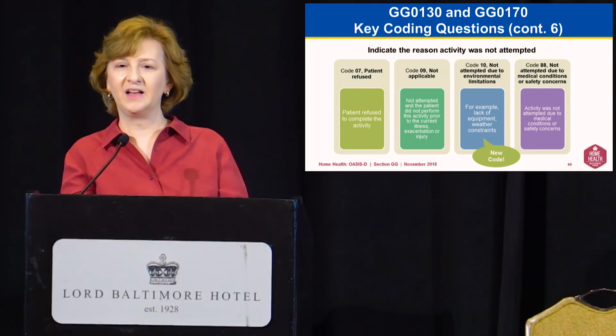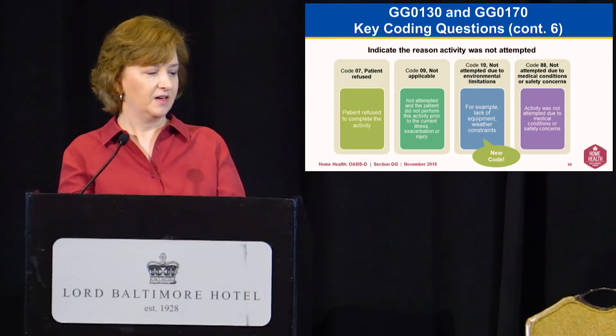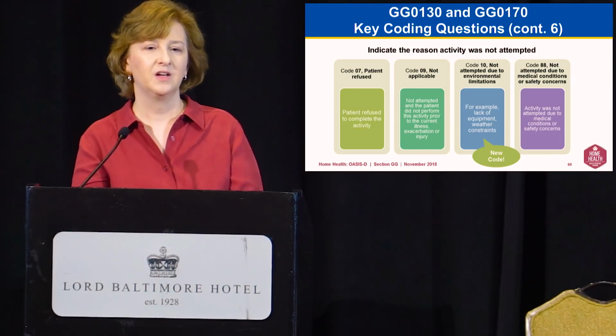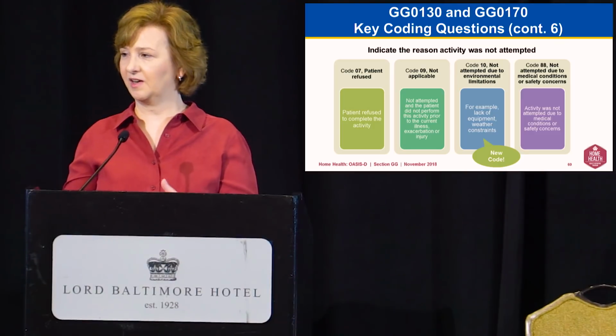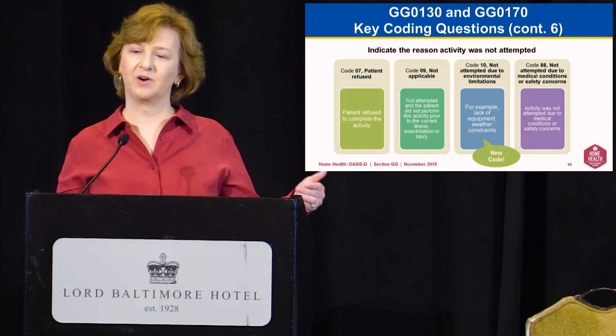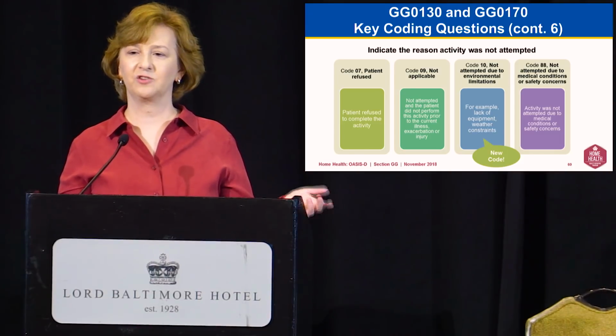09, which is called not applicable, refers to the situation where the person does not perform the activity at the time of the assessment, and the person didn't do the activity prior to the current illness, exacerbation, or injury.